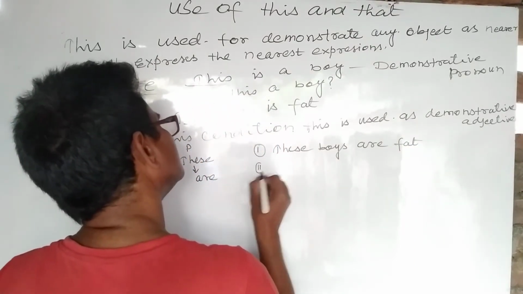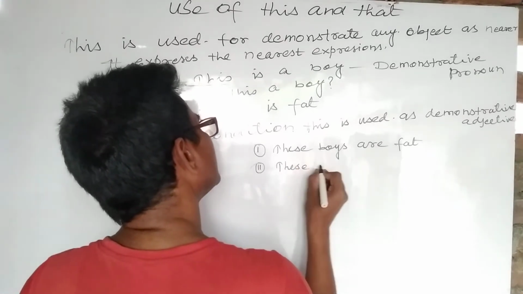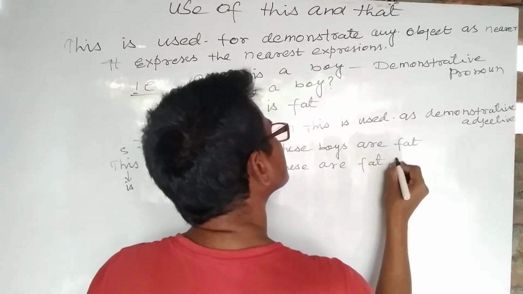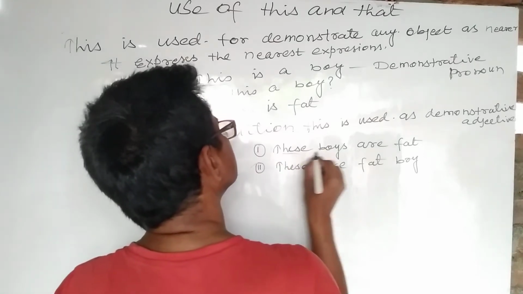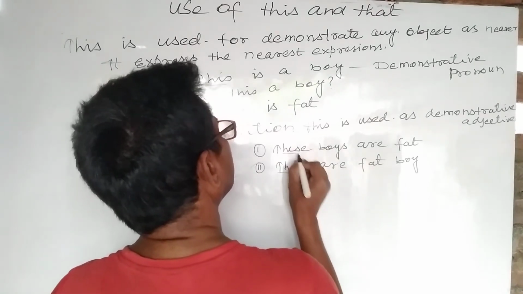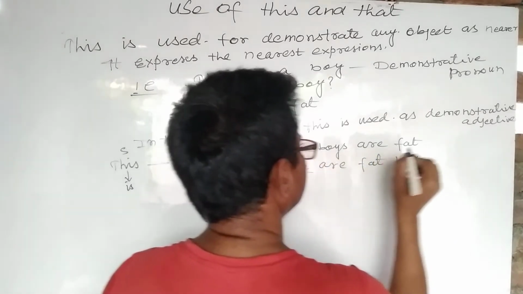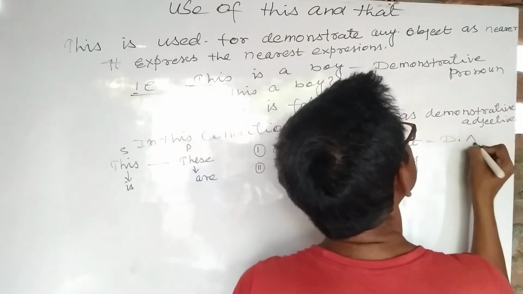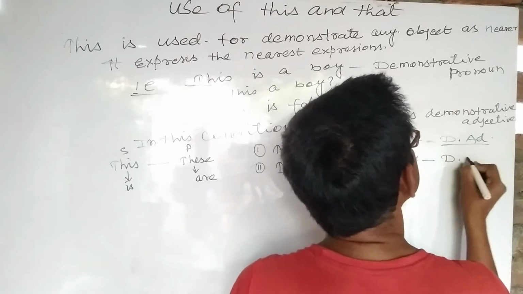Second, these are fat boys. Now here these denotes the demonstrative adjective, and here the demonstrative pronoun.